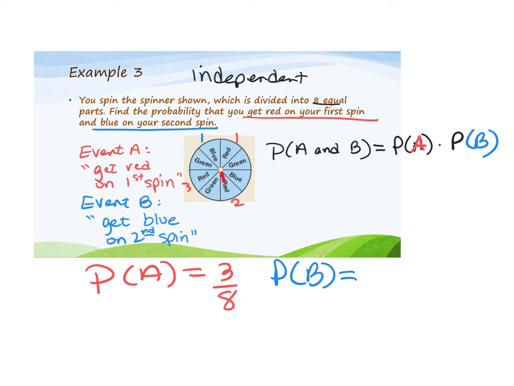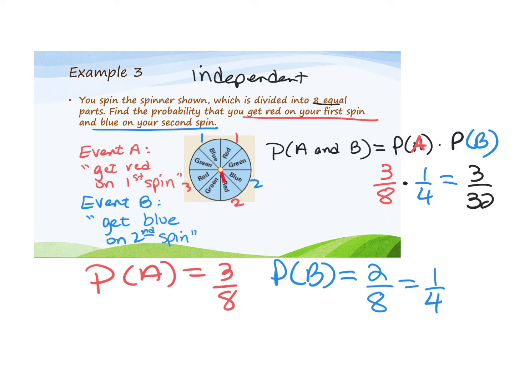I have 1, 2 blue sections, so 2 over 8, which reduces to 1/4. I now take those 2 simple probabilities, and since it's independent, I multiply them. 3/8 times 1/4 gives me 3 over 32.